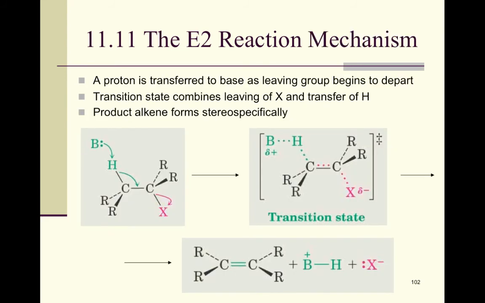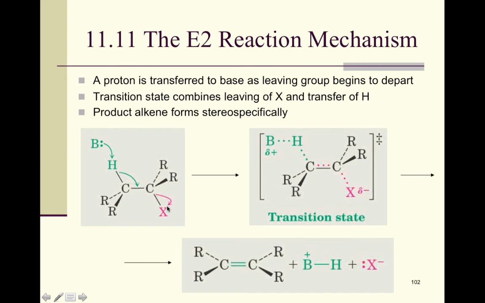The mechanism of E2. A proton is transferred to base as the leaving group begins to depart. The transition state combines leaving X and the transfer of a hydrogen. The base comes in, it grabs this hydrogen, but remember, this is all going to happen at the same time. The hydrogen is going to give its electrons here, and then too many bonds to carbon, so it gives its electrons here.